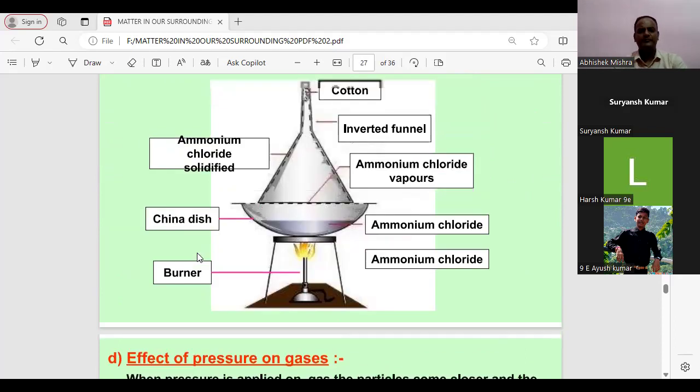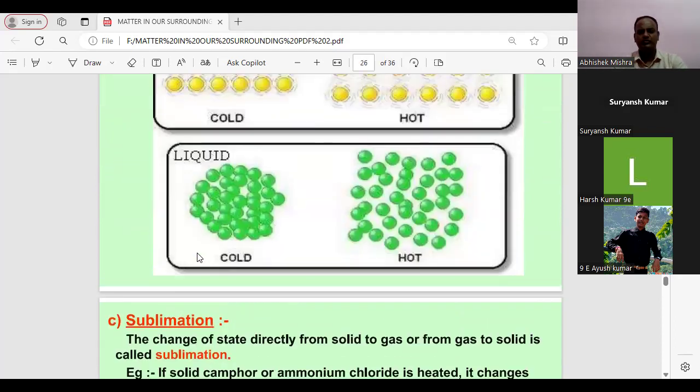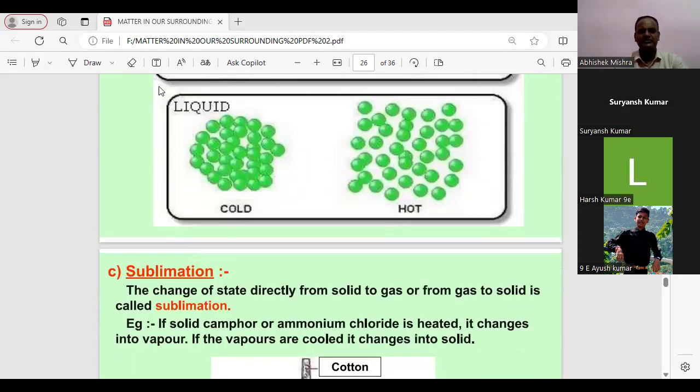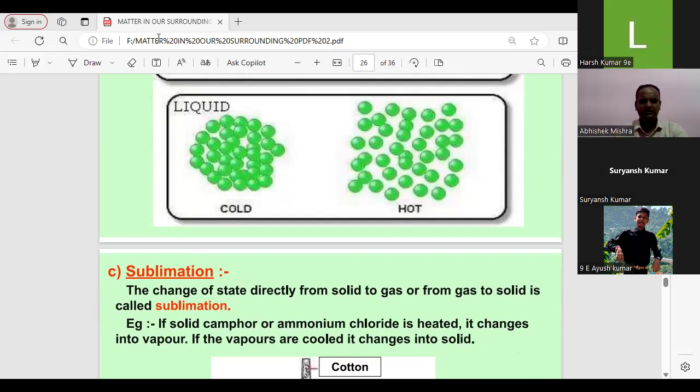Okay, students, before going to that, let me ask you one question so that I will also understand how much you are acquiring. Can anyone tell me the difference between latent heat of vaporization and latent heat of fusion? Again, the same hand. I want other students also. Simran, unmute yourself.